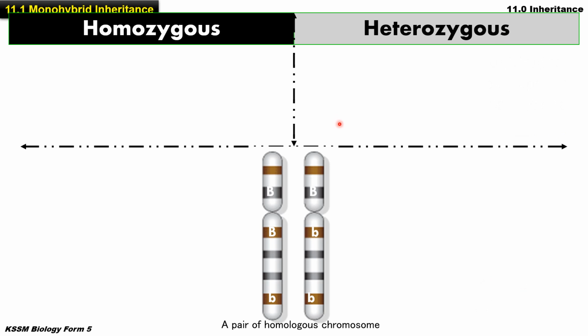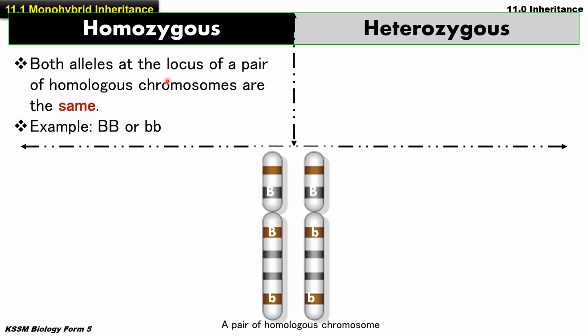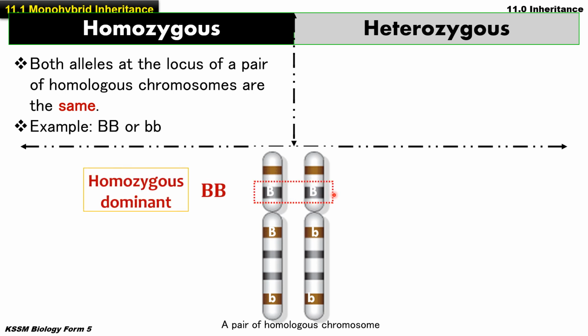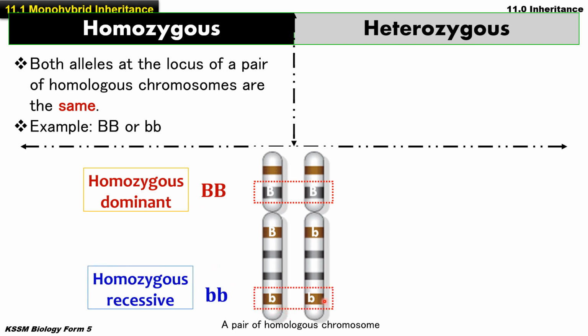Okay, seterusnya homozygous and heterozygous. So, homo, same. Maksudnya both allele at the locus of a pair homologous chromosome are same. Contohnya, dekat sinilah B besar, B besar. This is homozygous dominant. And this one B kecil, B kecil, homozygous recessive.